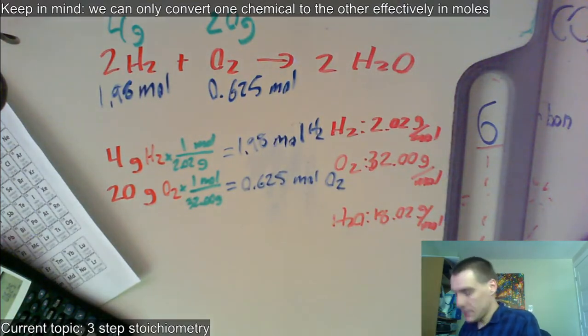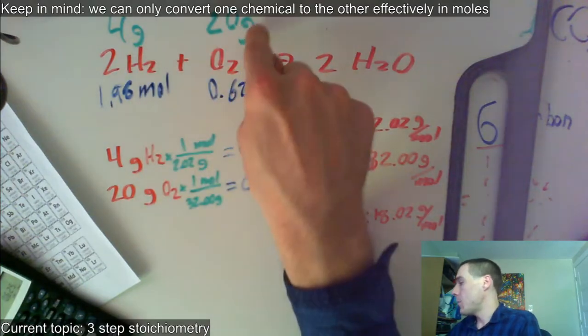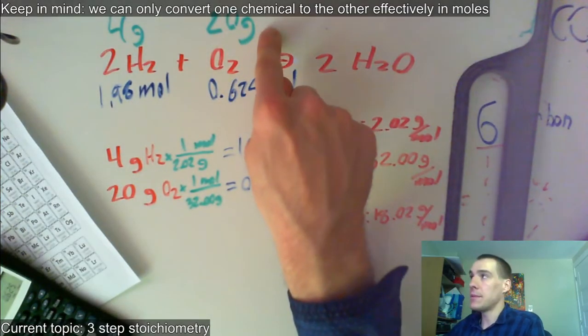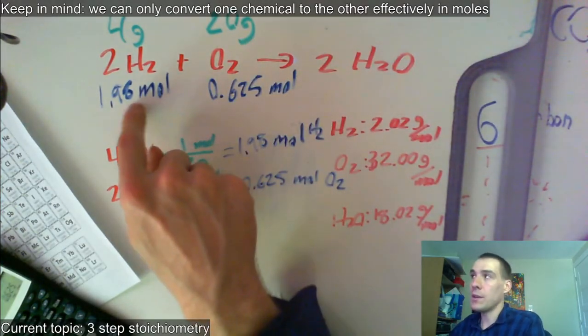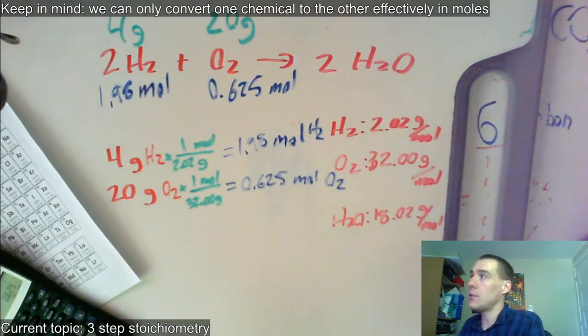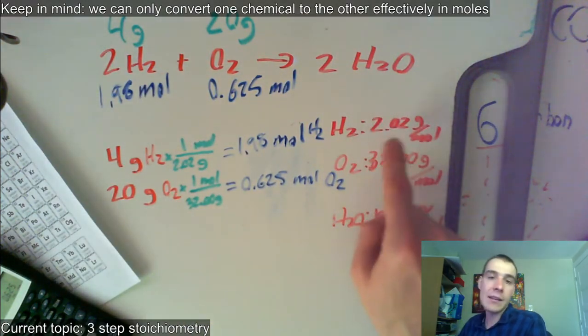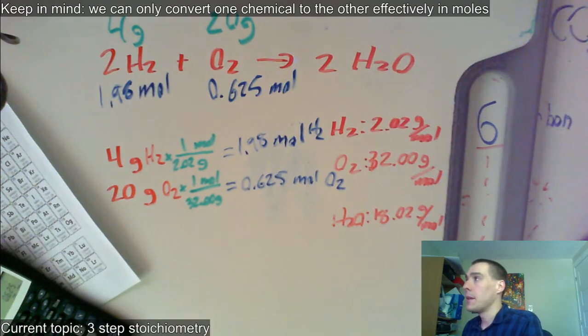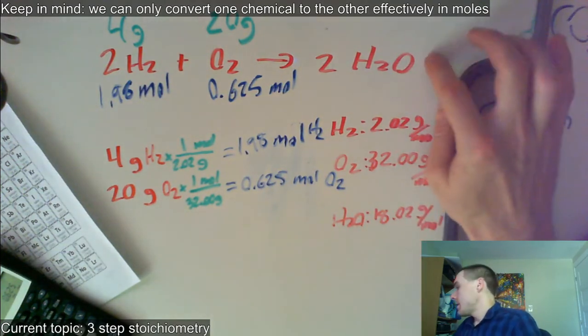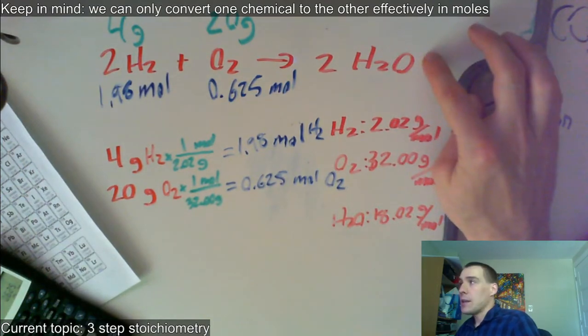Note, here's another example of masses being misleading. We had way more mass of the O2, but in terms of number, we have way more H2 because hydrogen is such a light element, 2 grams per mole for H2. That's not the whole story. The story is how much H2O can we make.